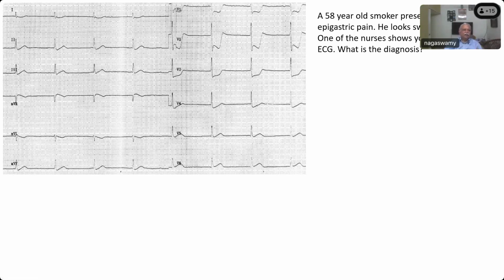And is there a P wave? Sinus rhythm, regular. And what about narrow QRS, followed by QRS? What about the chest leads? V2, ST depression. V1 to V4.